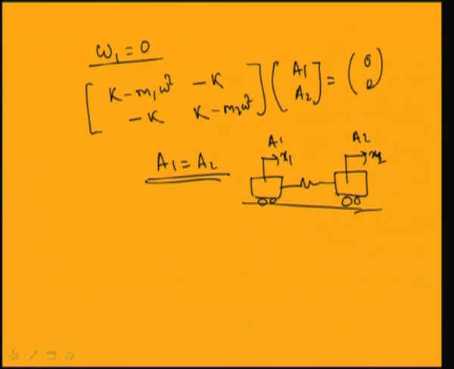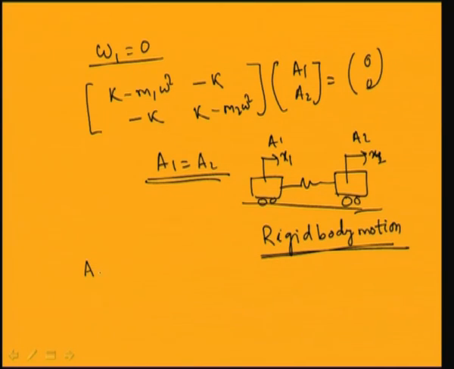That means both the masses will move in the same direction with the same amplitude, that means there will be a rigid body motion in the system. So the body will have a rigid body motion in this case of degenerate system, and in the second case it will have a frequency. So you can find this in case of the second mode.